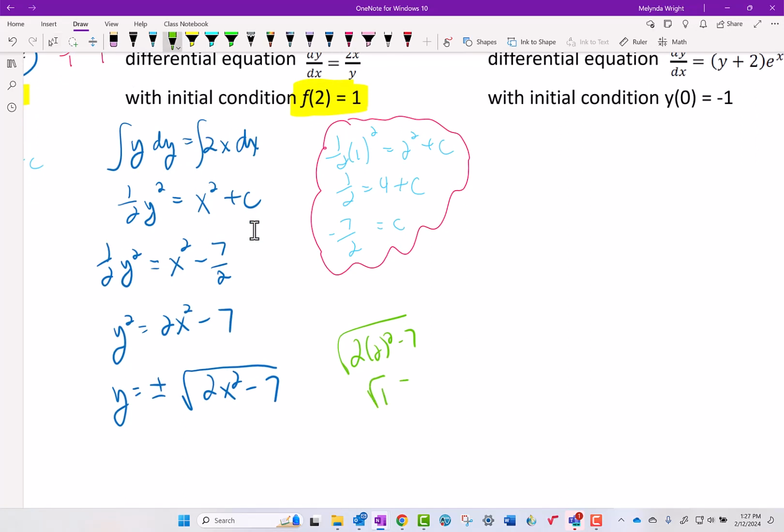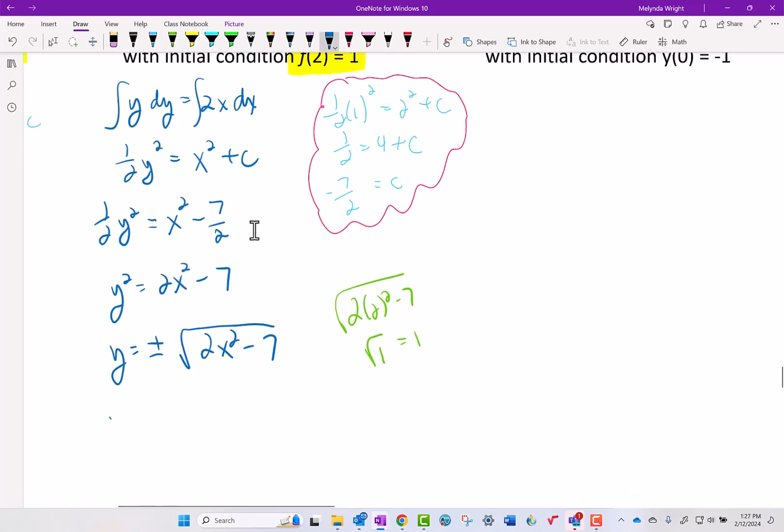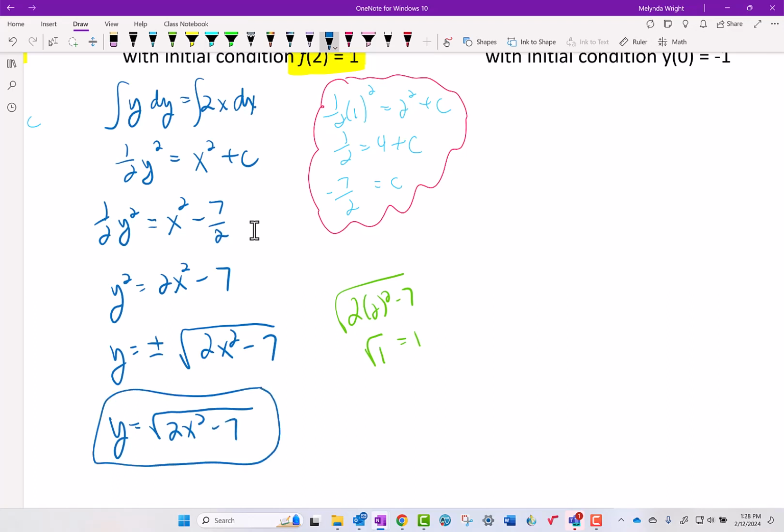Square root of 1 gives me 1. Which one of those solutions did I use? Did I use the positive radical or the negative radical? I used the positive one. Therefore, I have to change this and say that my solution is the positive radical, which is the square root of 2x squared minus 7. I am not allowed to show both the positive and the negative.